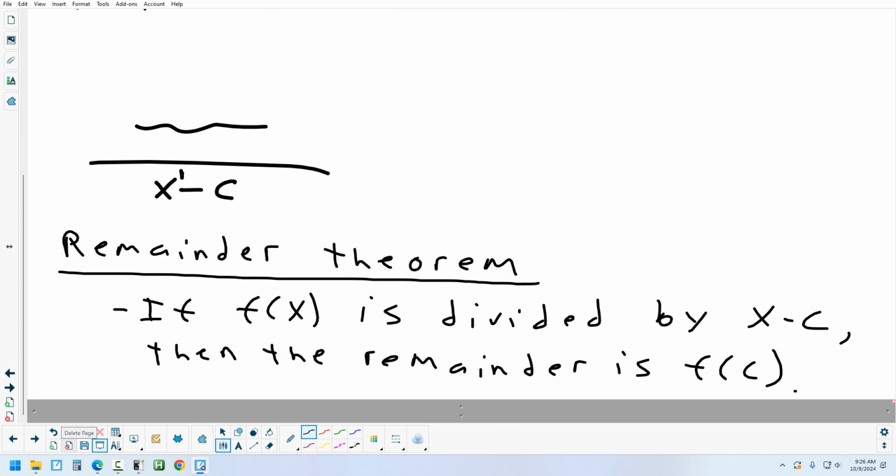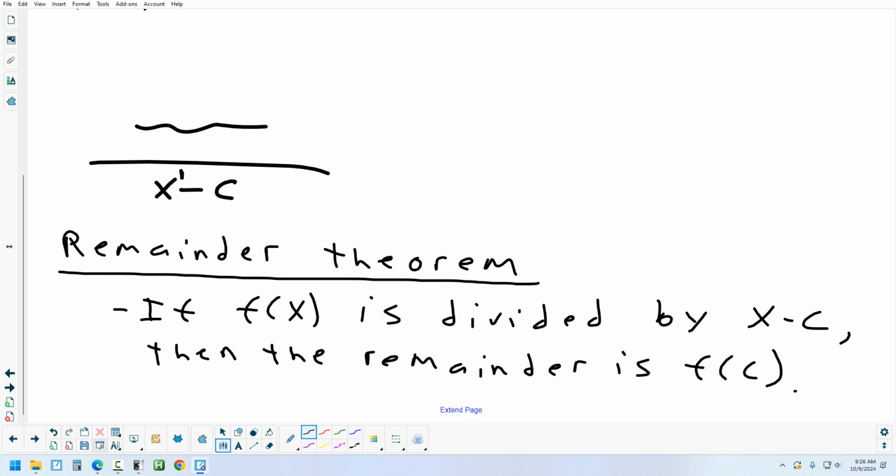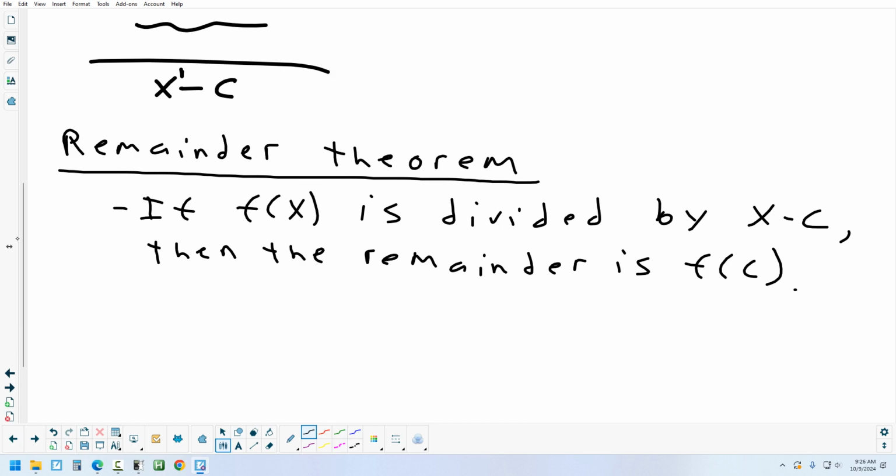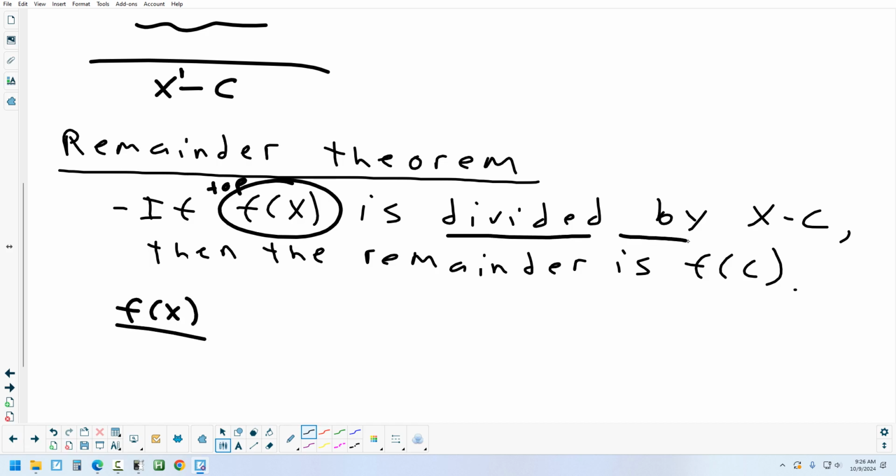So the remainder theorem says that if you want to find the remainder, f of x is in the top, and you are dividing by x minus c in the bottom. What's in the top doesn't matter. It could be anything.